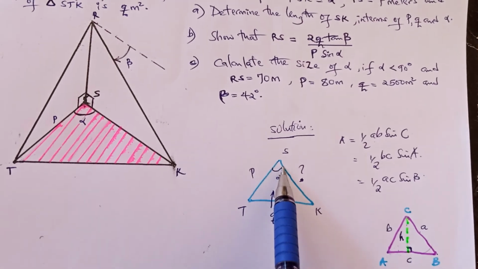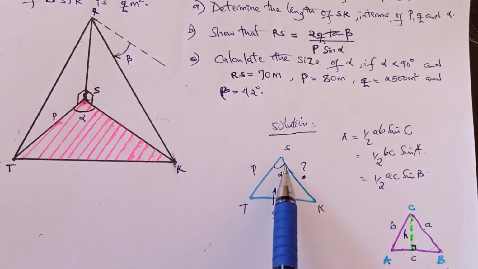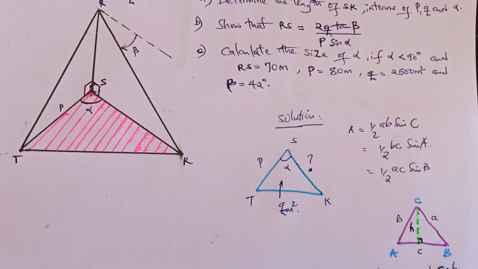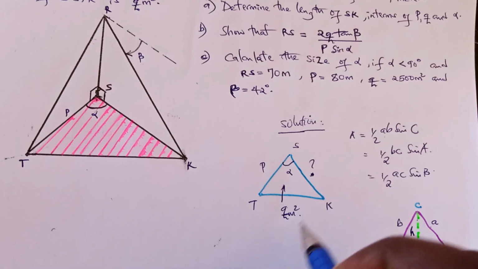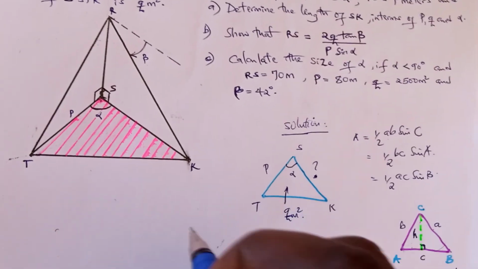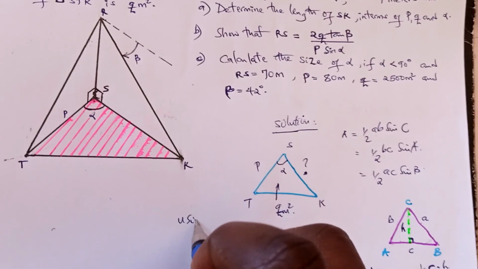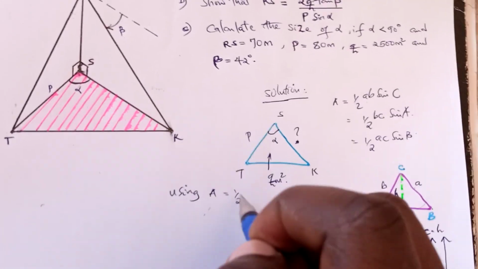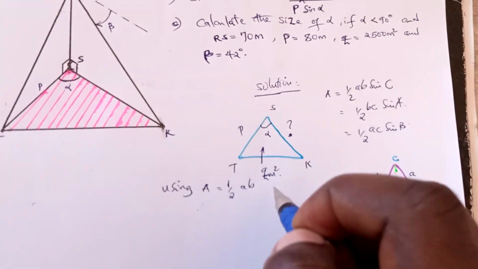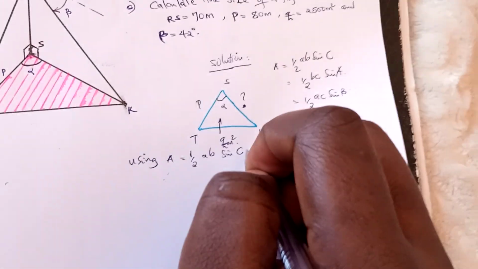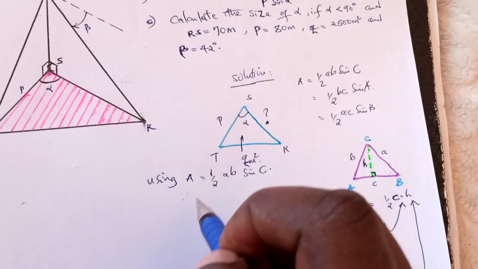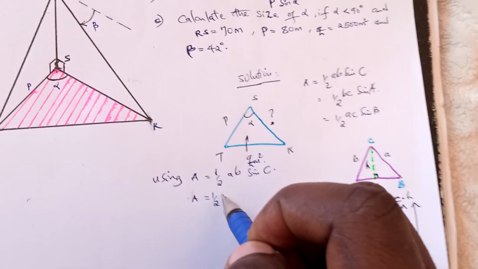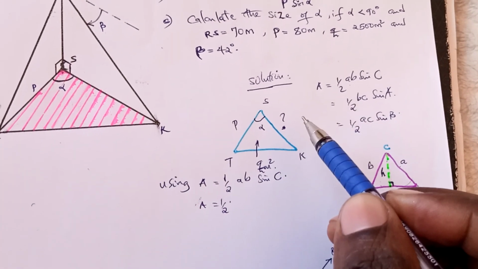In this equation, you look at the angle we have, that is angle C. So using that identity that our area is a half AB sine of C, we know that A is a half our A. What is our A?